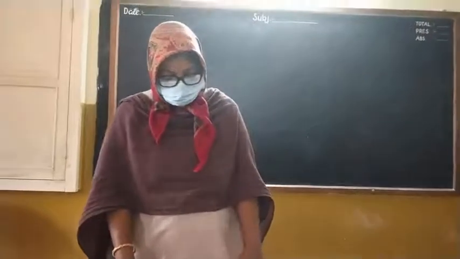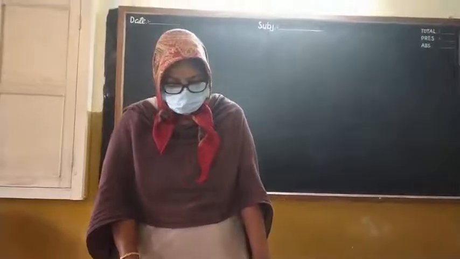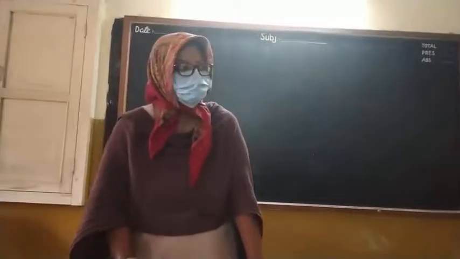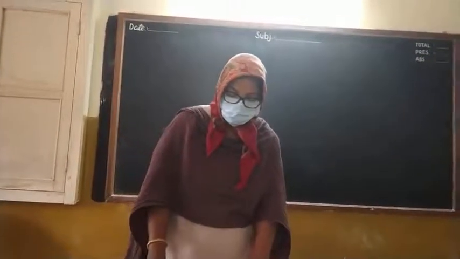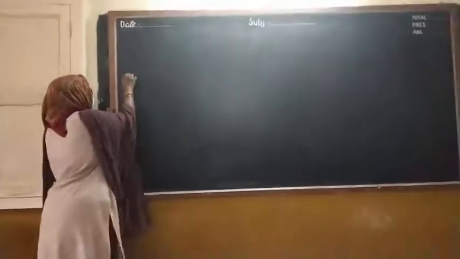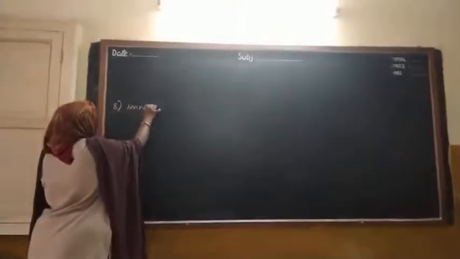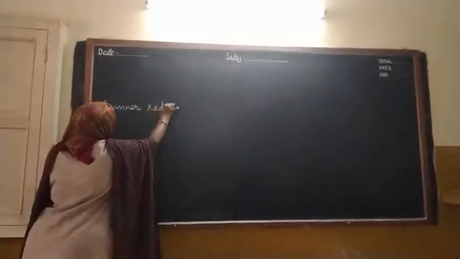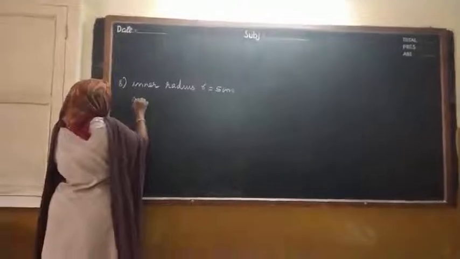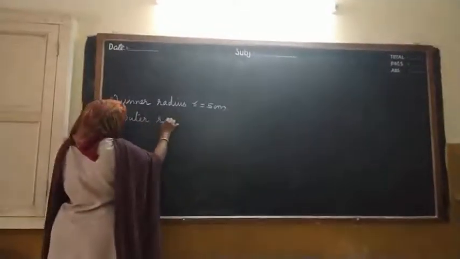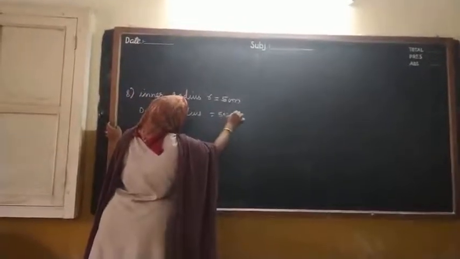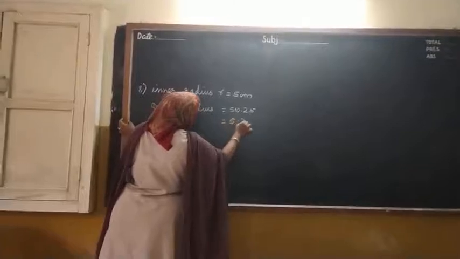A hemispherical bowl is made of steel 0.25 centimeter thick. The inner radius of the bowl is 5 centimeter. Find the outer curved surface area of the bowl. So the inner radius is given. Inner radius we can take as small r, that is equal to 5 centimeter. Then thickness is given. So outer radius will be 5 plus 0.25, that is 5.25 centimeter.